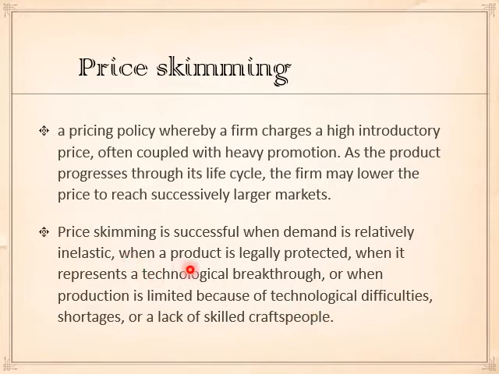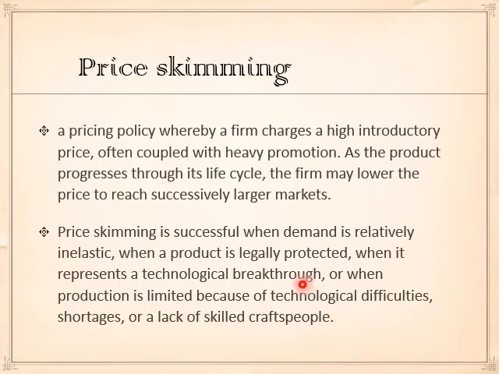So here it means that if the product is legally protected, or is very exclusive, it can be put at a very expensive price and people are still willing to buy, or when it represents a technological breakthrough.